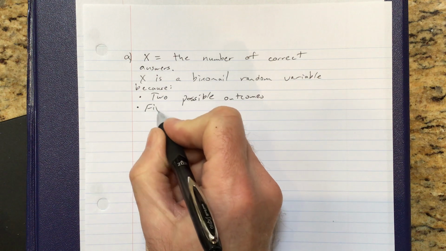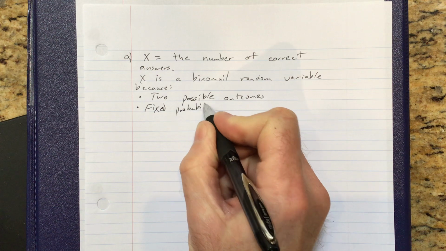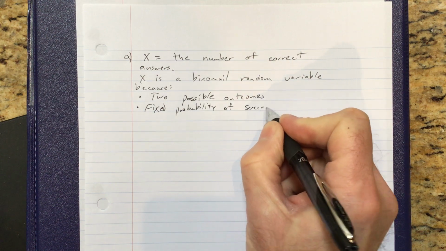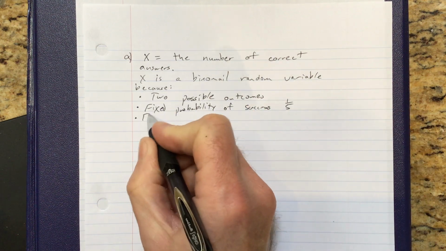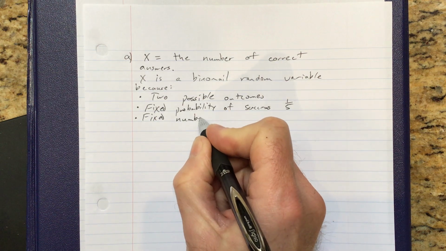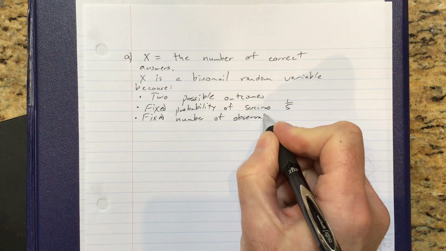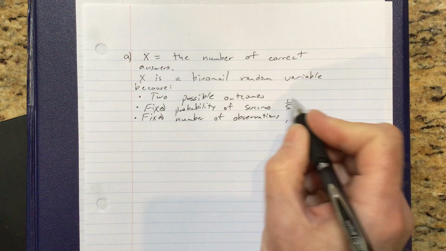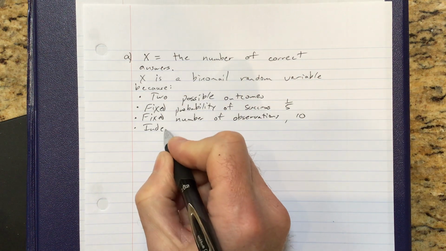Fixed probability of success, 1 out of 5. Fixed number of observations, in this case, 10. And we have independence because they're guessing.